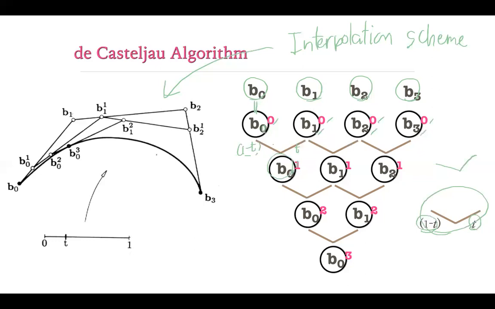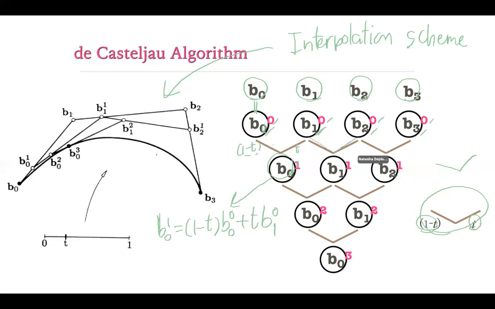Okay, let me show you clearly. B1,0 is equal to 1 minus t B0,0 plus t B0,1. Can you see?